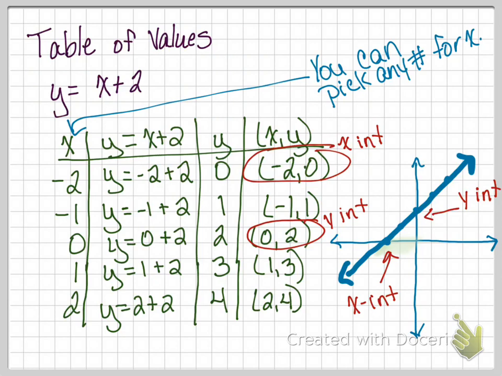That's going to be important. Now, look at the y-intercept. Here's the y-intercept right here. What's my x value here? 0. So when my line crosses the y-axis, my x value is 0.